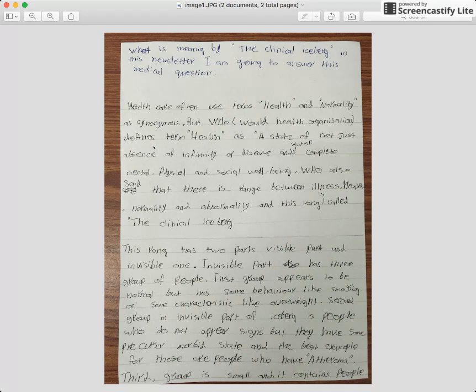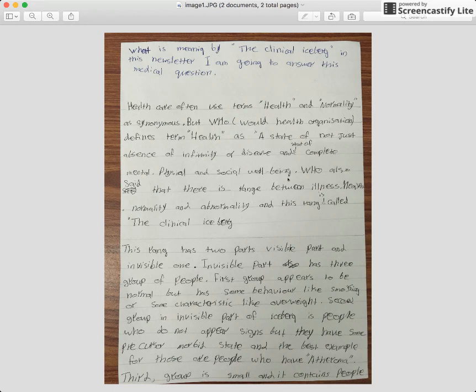Defines the term healthy as a state of not just absence of infirmity. Okay, so infirmity, I think you're using the wrong synonym here, yeah? Of a disease and the state of complete mental, physical, and social well-being. Okay, so that's fine.